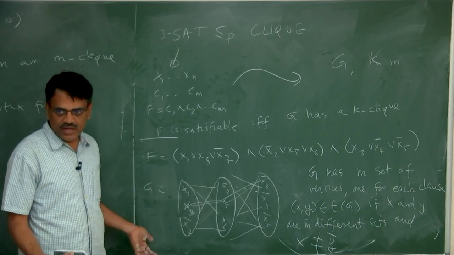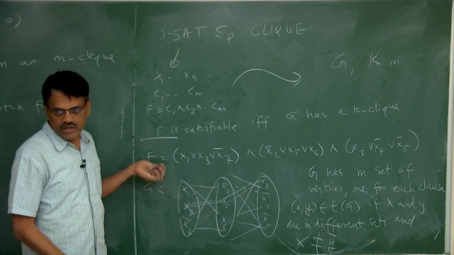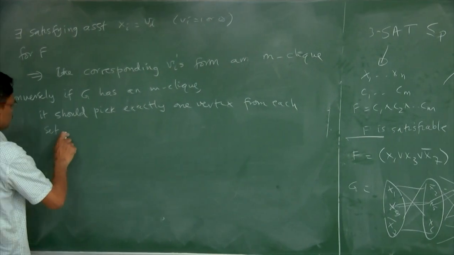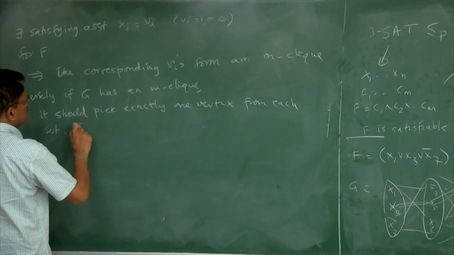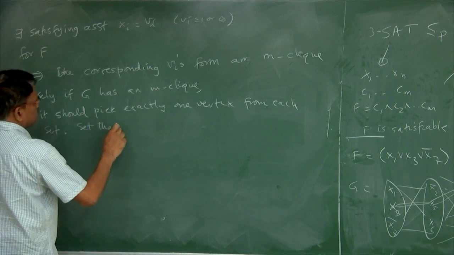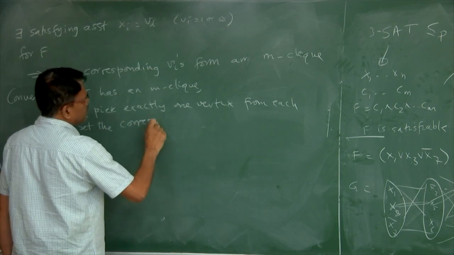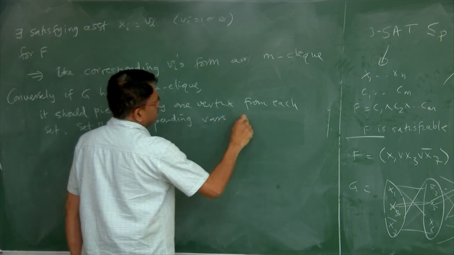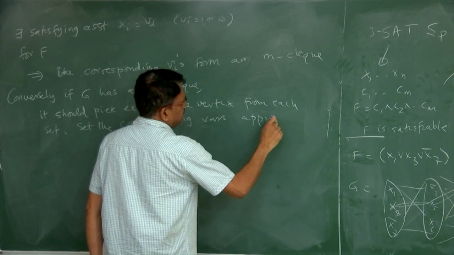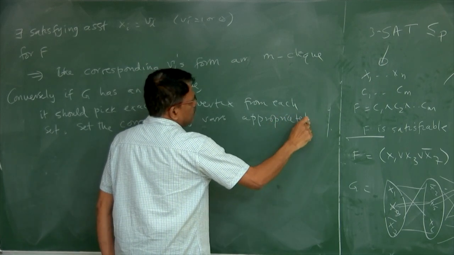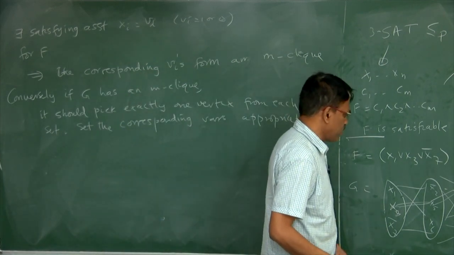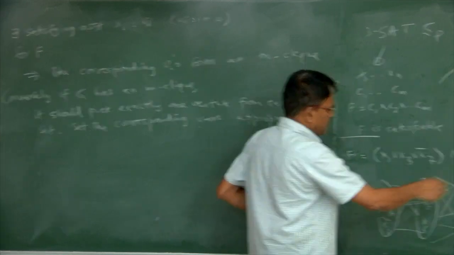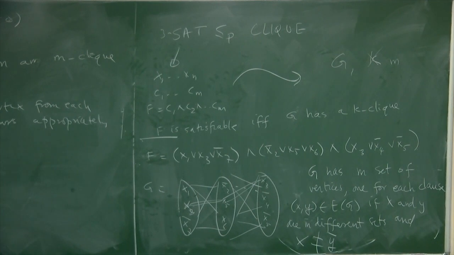It cannot pick less than 1 because it's an m-click. So, it has to pick exactly 1 from each set. Now, set the corresponding variables appropriately. Meaning, if you pick x3 from here, set it to 1. If you pick x2 bar from here, set x2 to 0, and so on. That would form a satisfying assignment.